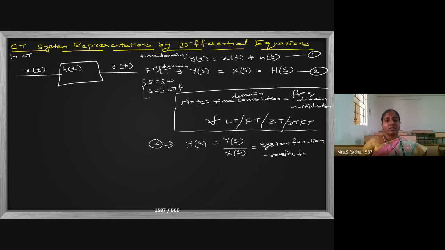And if you write it in the time domain, h of t equal to y of t divided by x of t, it is called gain. In the time domain, it is called gain. In the frequency domain, it is called transfer function.